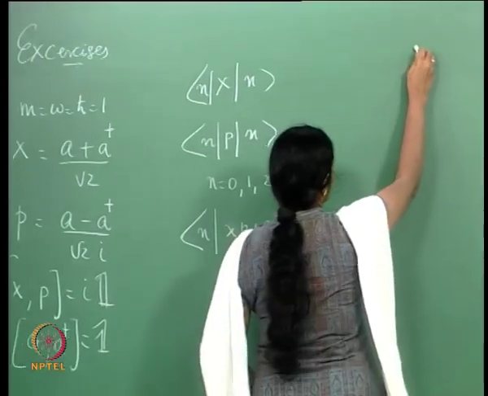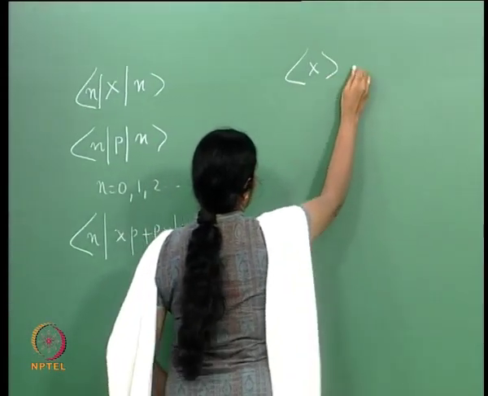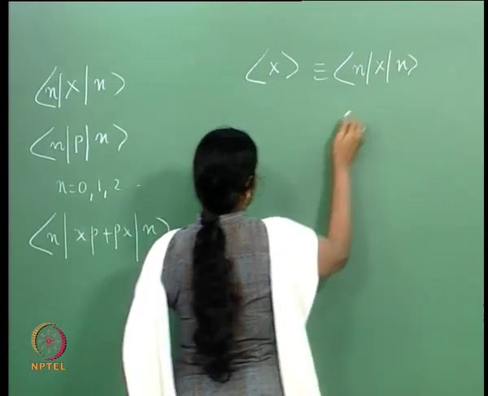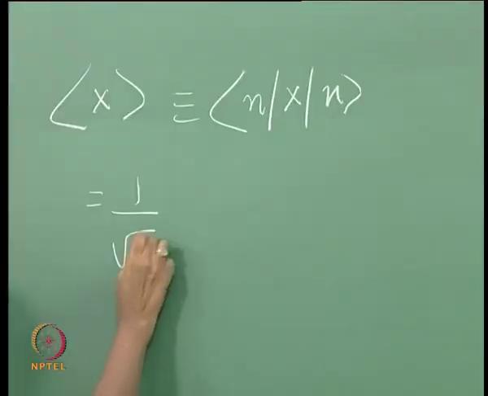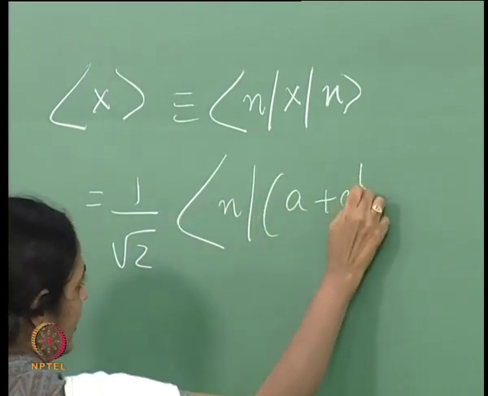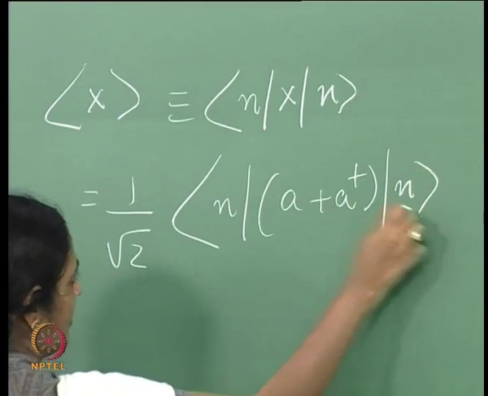So let us start with expectation x. This is identical to <n|x|n>, and that equals 1 by root 2 <n|(a plus a dagger)|n>.